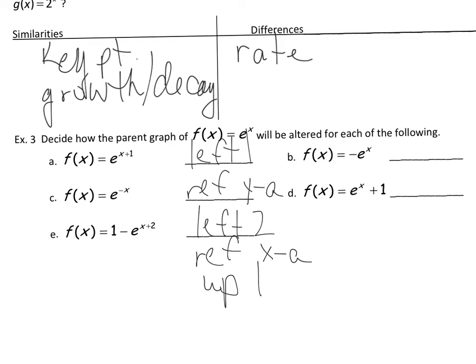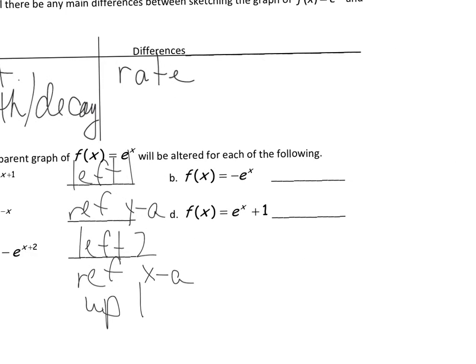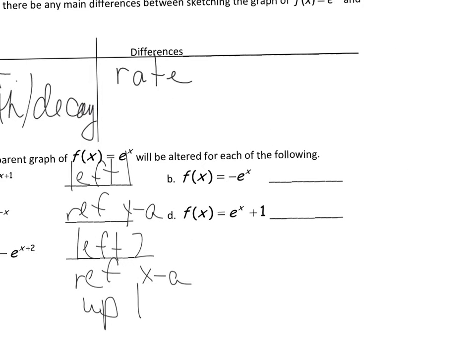It's written first, but it's still the same as +1 after. It's just written in that order, as it's nicer to have a positive term first and the negative term second. I kind of went out of order there, sorry. This one right here is negative on the outside, so that moves our y's from up to down, so that's a reflection about the x-axis. And then lastly right here, a +1 would be an up 1.